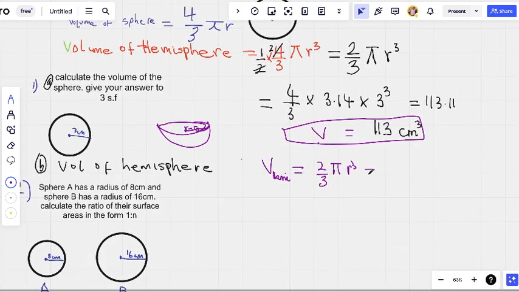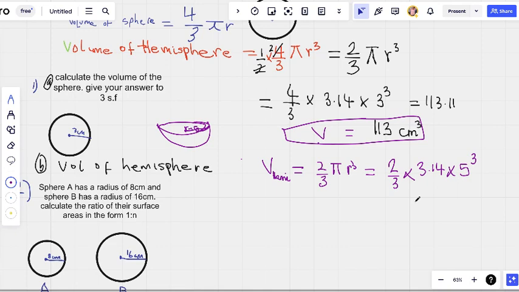So if we do that, we have 2 over 3 times the value of pi, which is 3.14, times the radius, which is 5. So we're going to cube the radius. So this will be 5 raised to the power of 3. You must not forget that.